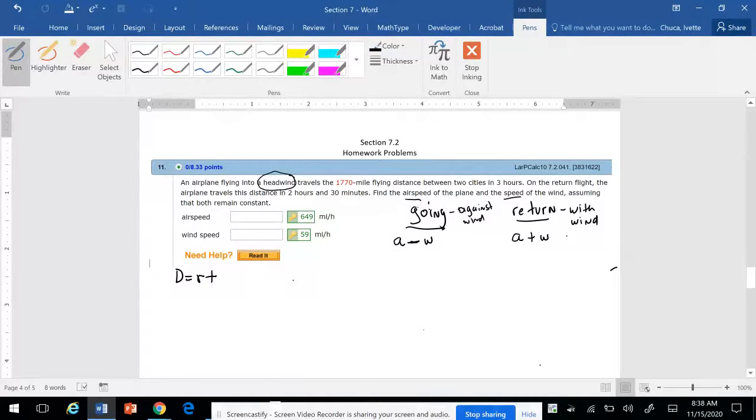Okay, so what we can do here is the distance on the going trip was 1,770. And then the rate is going to be A minus W. And the time, it took us 3 hours. And then on this side, we have the distance is the same.